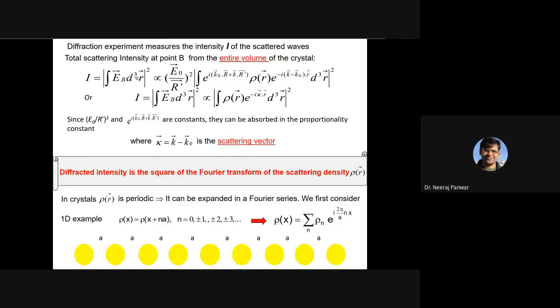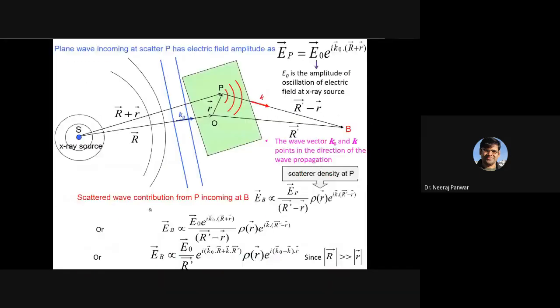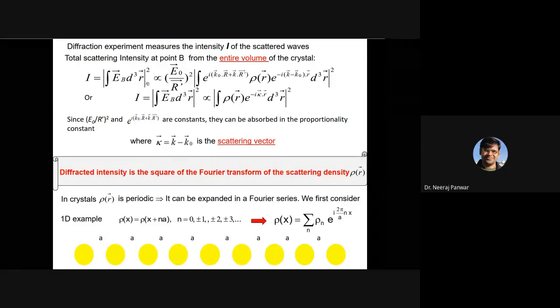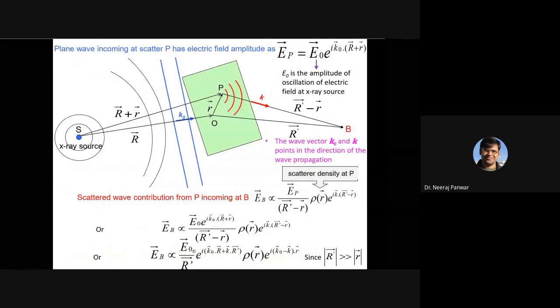So in that case, we need to integrate this over the whole volume of the crystal. The square is because it is the amplitude square that gives intensity, and the integral here is over the whole crystal.